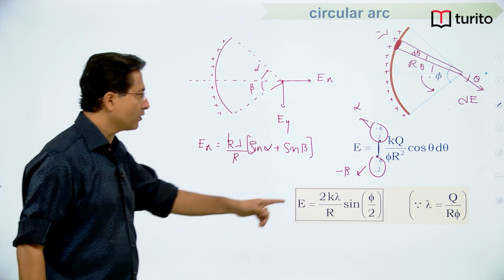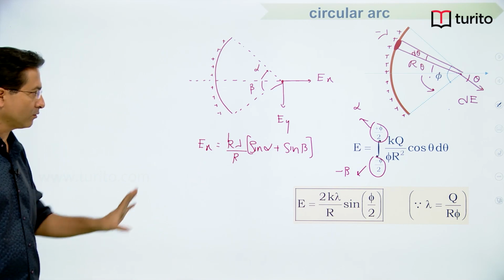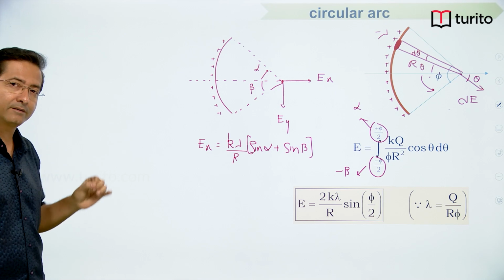X component, integration of cos will give you sine, limit we have changed, we will get this one, right. Only a small change in the formula we have derived, right, to make you understand one more point.